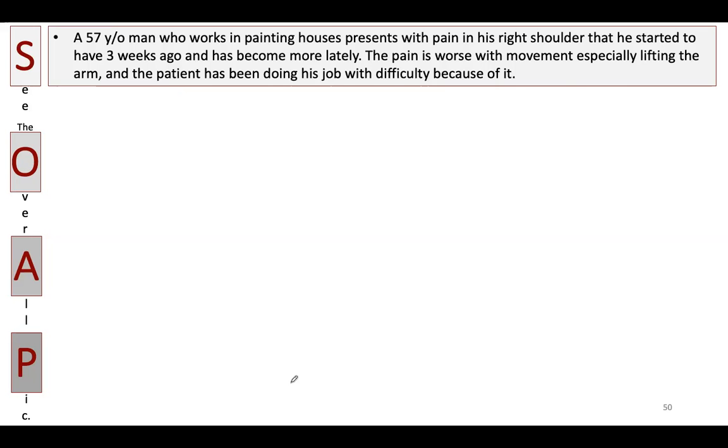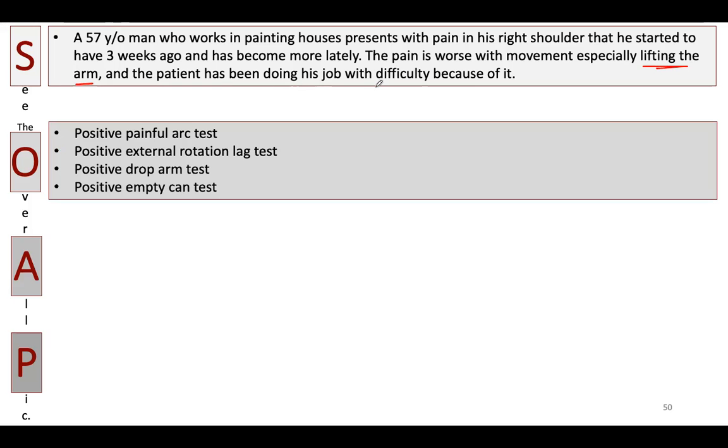57-year-old man who works in painting houses presents with pain in his right shoulder that he started to have 3 weeks ago, and the pain has become more lately. What worsens the pain is lifting the arm, and the patient has been doing his job with difficulty because of that. And these are the positive tests. Positive painful arc test.